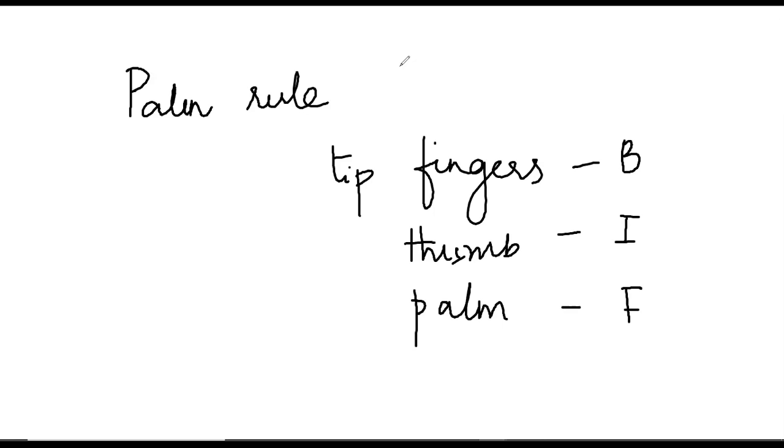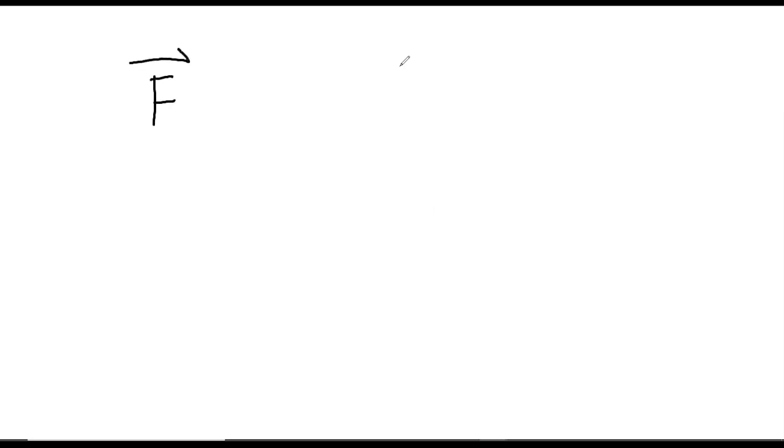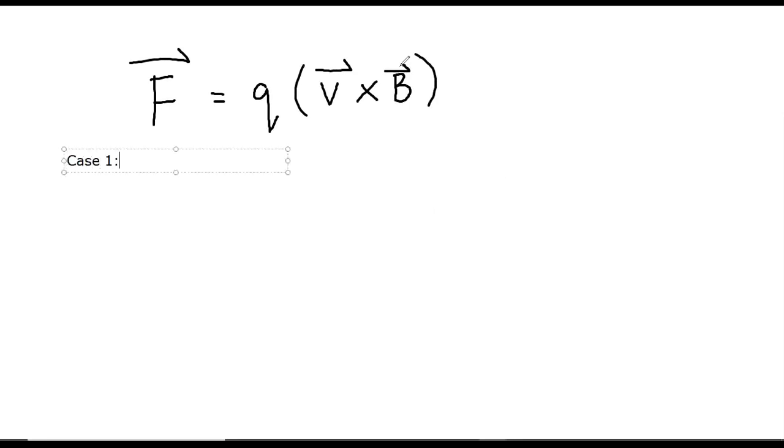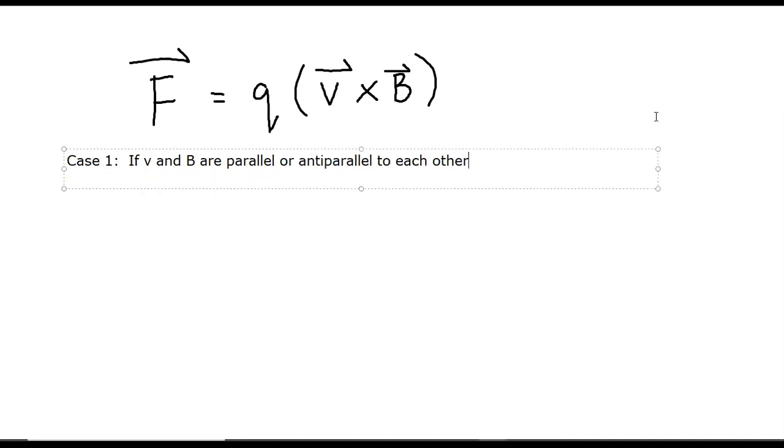Now let's look at F is equal to Q into V cross B, and let's look at a few special cases in which we are going to have either maximum force or zero force. So what is going to be the first case that I'm going to talk about? I hope you all know. The first case is if V and B are parallel or anti-parallel to each other. That is, if the charge is going to move in the direction of the magnetic field or in a direction opposite to that of the magnetic field. In which case, what's going to happen, children?